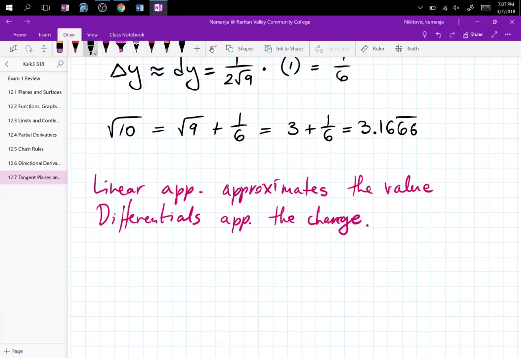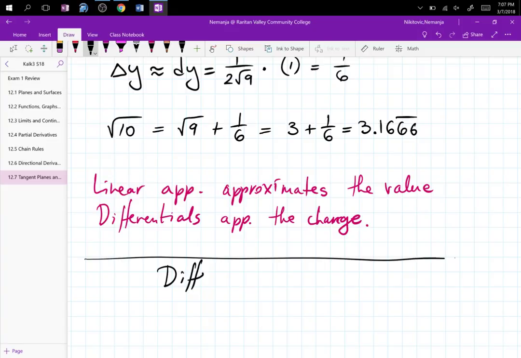So now, what do we do with Calc 3? Well, same thing, except you have one more term. You are going to write the differential in R3, right? Three-dimensional differential.